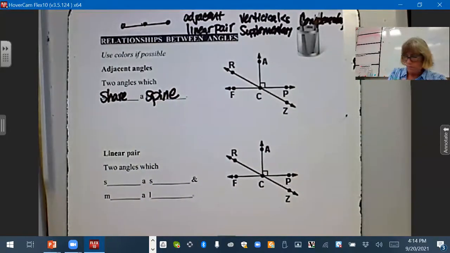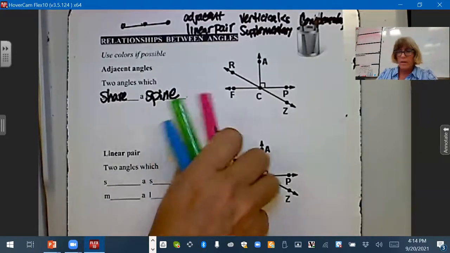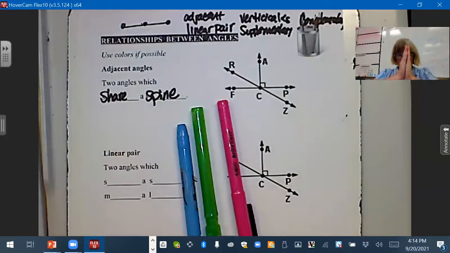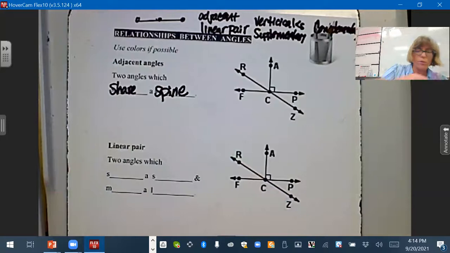Two angles that share a spine. They're back to back. They share a spine. Those are called adjacent. Let me give you an example.